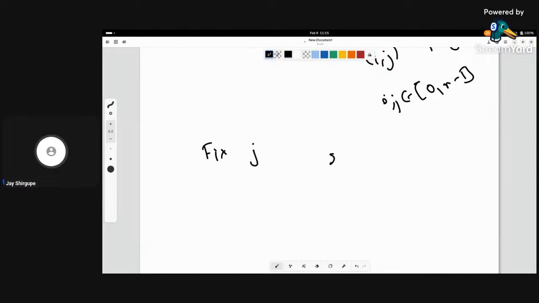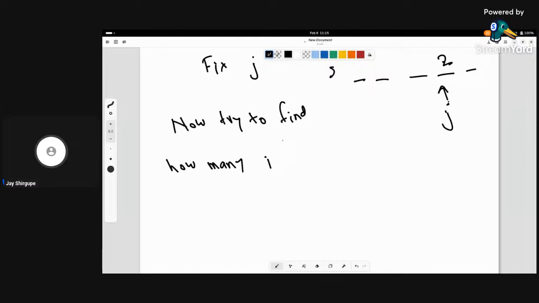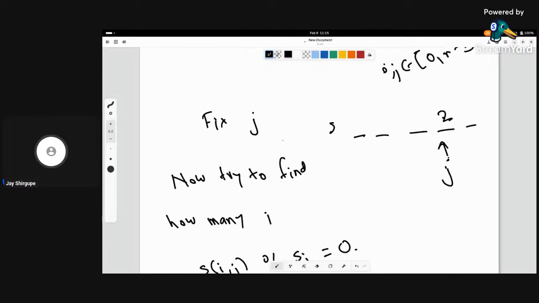So you have your string s, you have some digits over here, and you have fixed your j. Say the digit there is 2. Now you can try to find how many i you have such that the number formed from s[i] to s[j] is divisible by s[j].